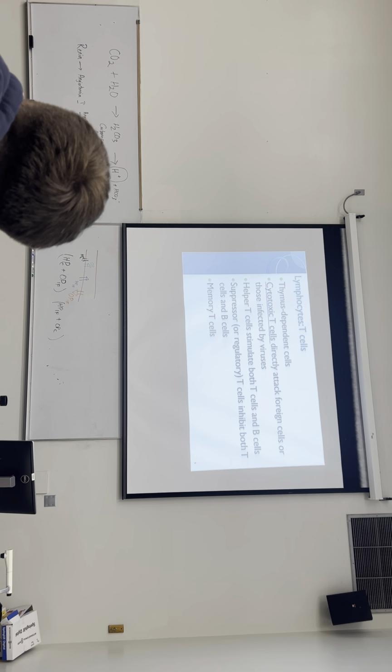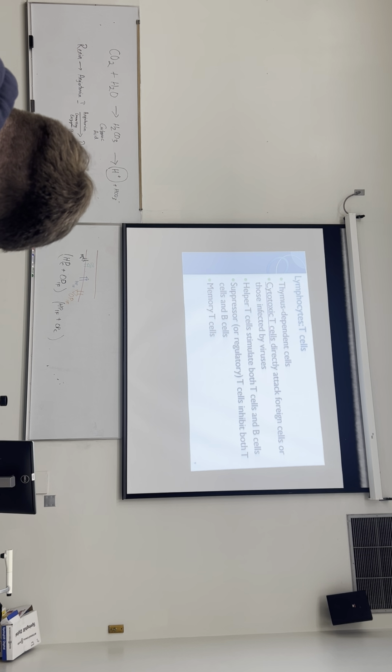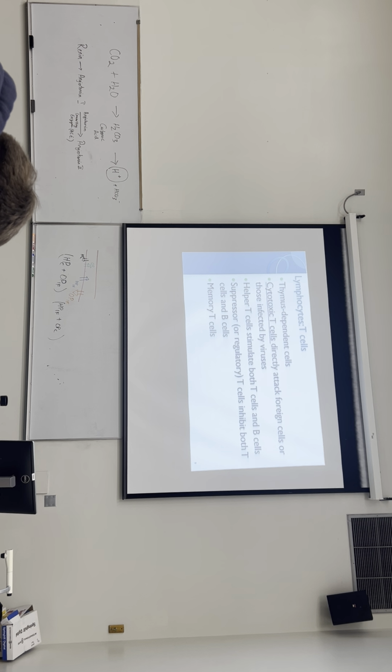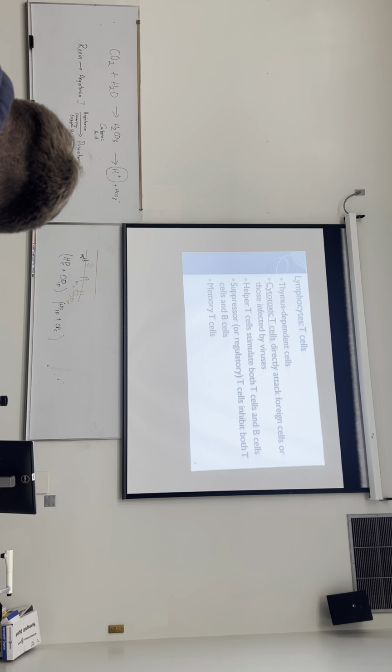HIV will damage these, it'll start killing them, which means both T cell and B cell activity will be reduced. When we have AIDS, that means the activity is really low, that we have this immunodeficiency. What does AIDS stand for? It's acquired immunodeficiency syndrome. Right?